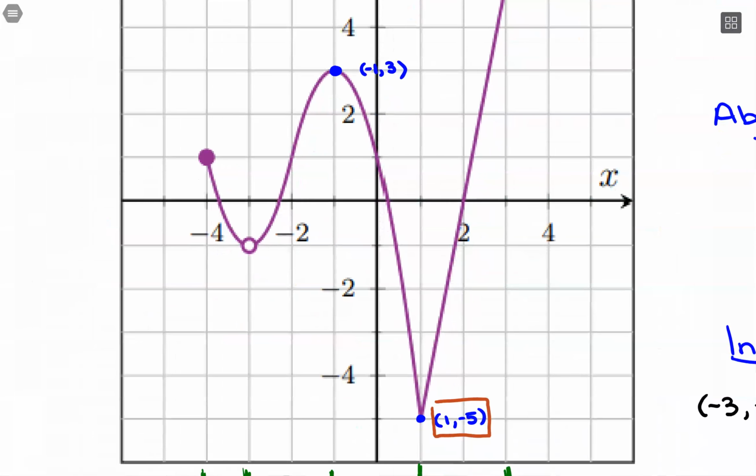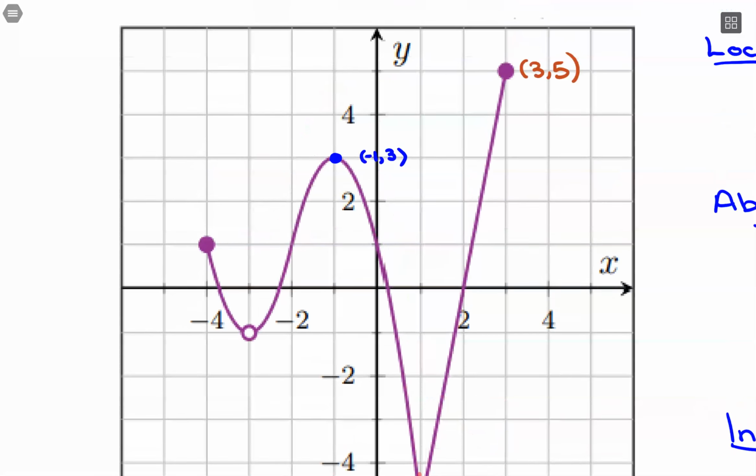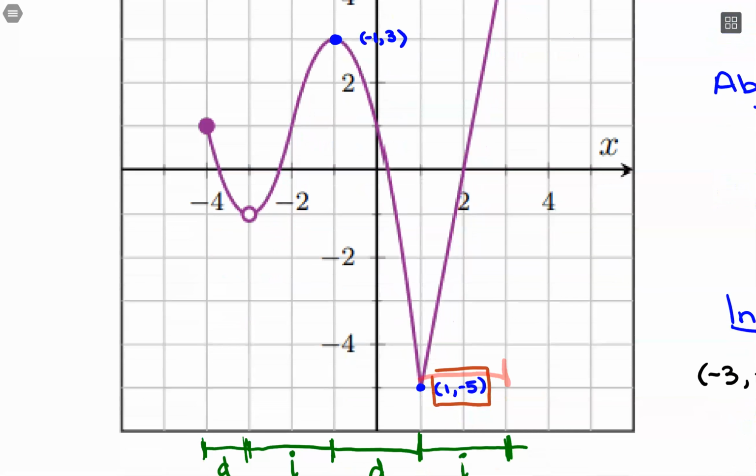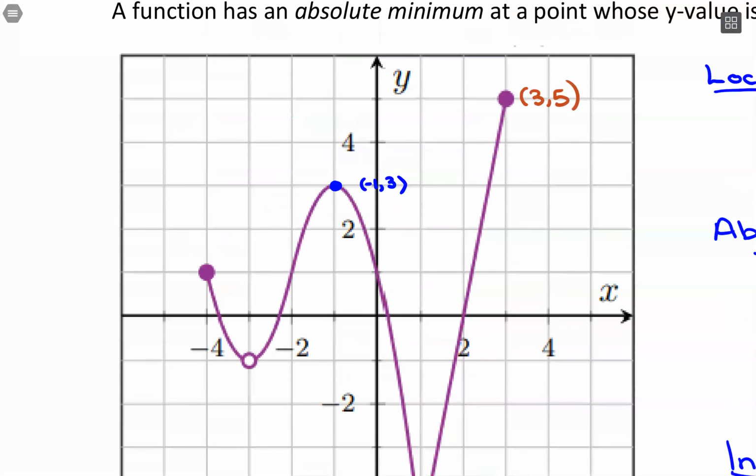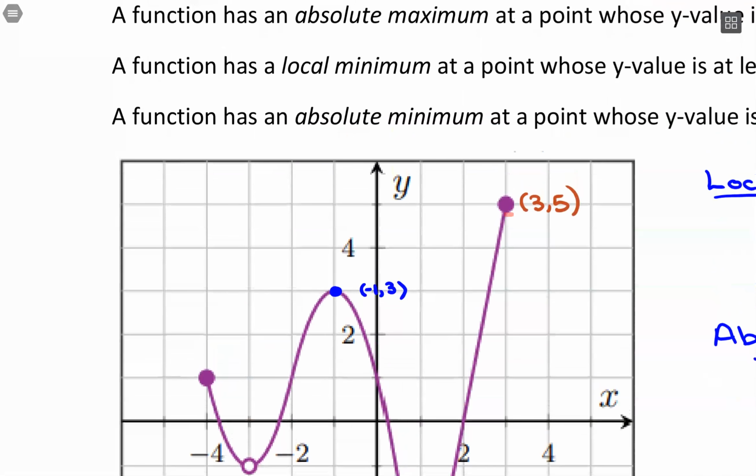Alright, then we start increasing again at x equals positive 1 up until x is positive 3. Now, same idea in terms of including the cutoff point. At positive 1, at that point it's neither increasing nor decreasing, it's switching. Same thing at the end here.